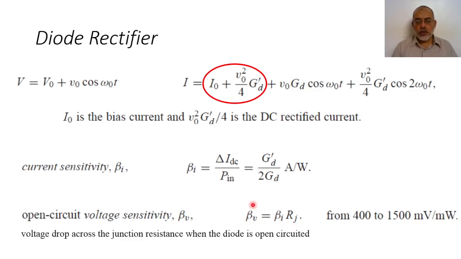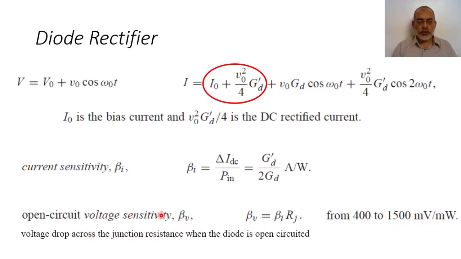So the open circuit voltage sensitivity would be beta I multiplied by the junction resistance Rj, and usually the range of the voltage sensitivity is between 400 to 1500 millivolt per milliwatt, because we are talking about delta V over delta P. So millivolt over milliwatt.